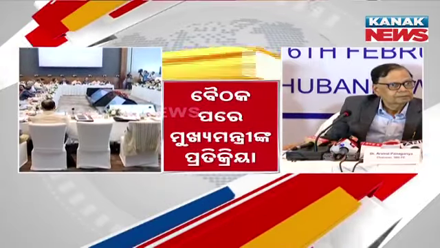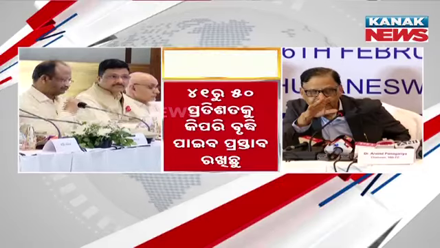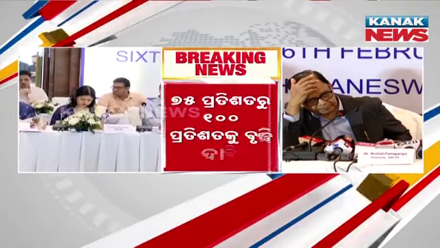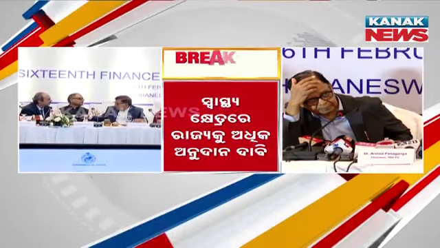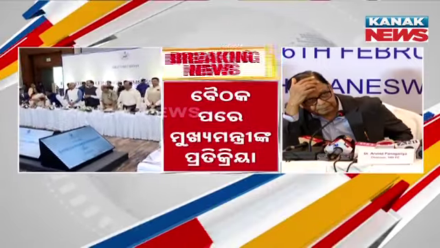Number two, as regards the horizontal devolution of taxes, as you mentioned, Odisha has demanded an increase in the population distance category as well as fiscal discipline. Odisha in almost all parameters is doing well. So how does the commission take its demands?